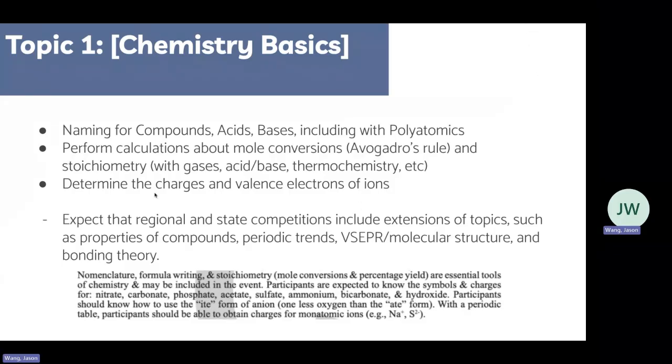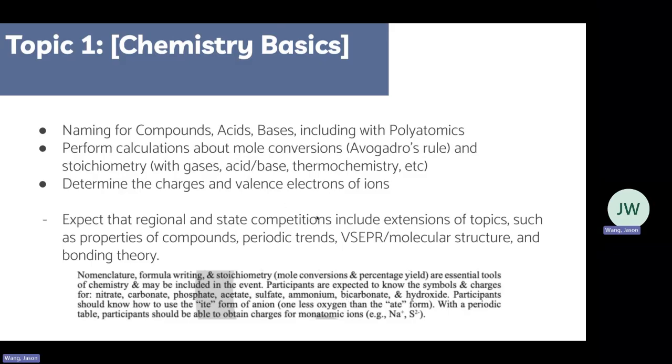And so as I mentioned here, you do want to expect these regionals and state competitions to include extensions of topics. So you might have periodic properties of compounds, periodic trends, VSEPR, molecular structure, and bonding theory, because that's all part of these essential tools to chemistry. You can see here at the bottom, I put an image on nomenclature, formula writing, and stoichiometry.